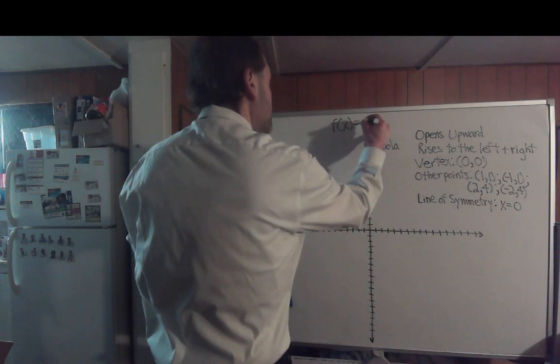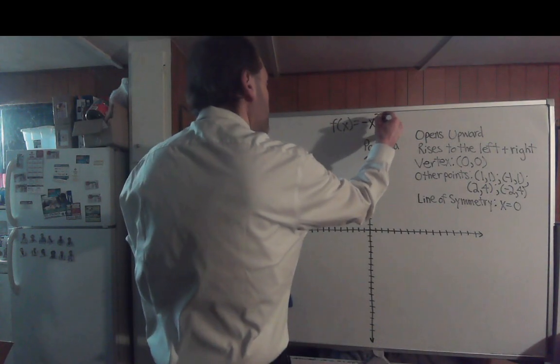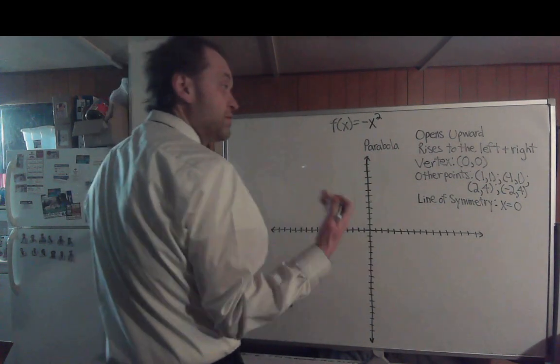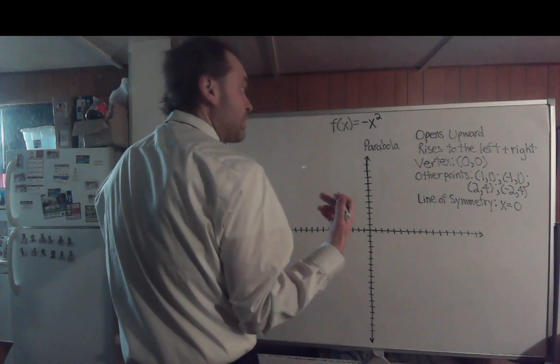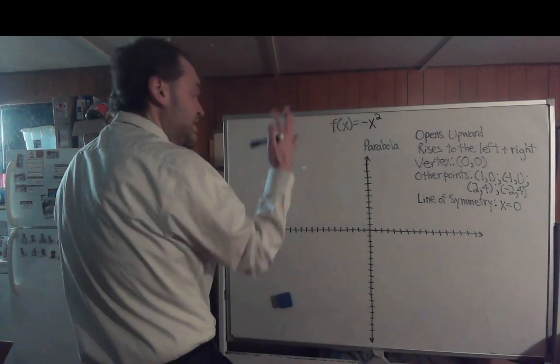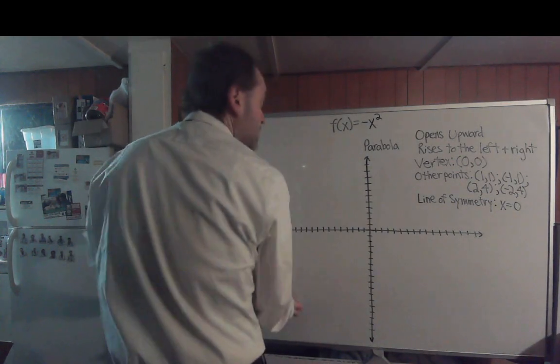Alright, let's say this time I made f of x equal negative x squared. What if I did that? So f of x equals negative x squared, that's going to change a few things here.